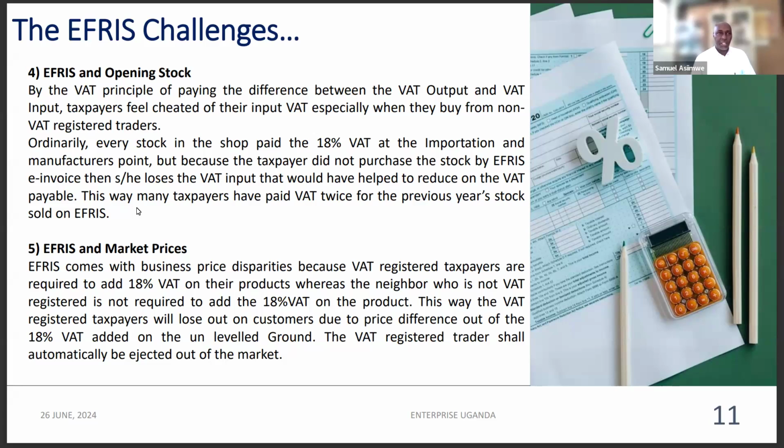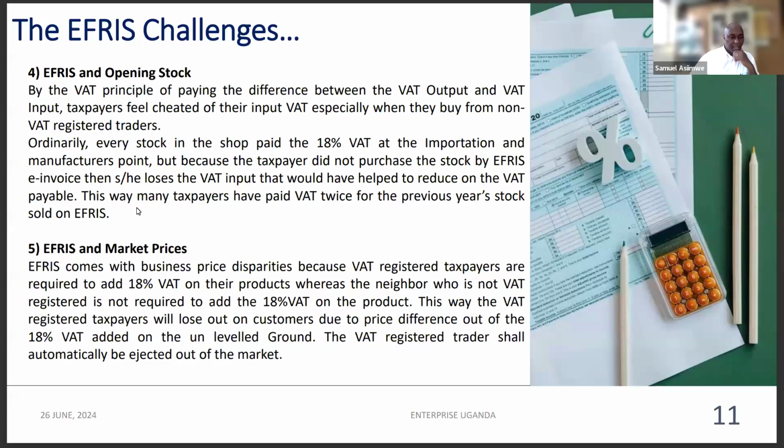So when I charge the item as it is and add on 18%, which I had also paid, I am going to pay the VAT I have charged on sales, because I don't have the one to remove from when I was purchasing. This is the challenge that EFRIS has come with, which the government will have to look at.